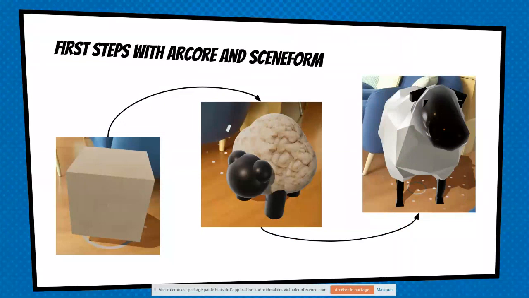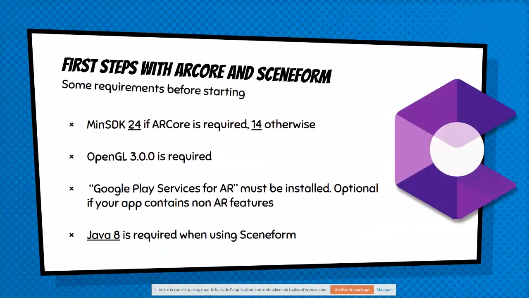So what about ARCore and Sceneform? The minimum SDK is 24 if you want to build an AR-only app. But if you want to add some AR feature to your Android application, if it's optional, you can set the minimum to 14.